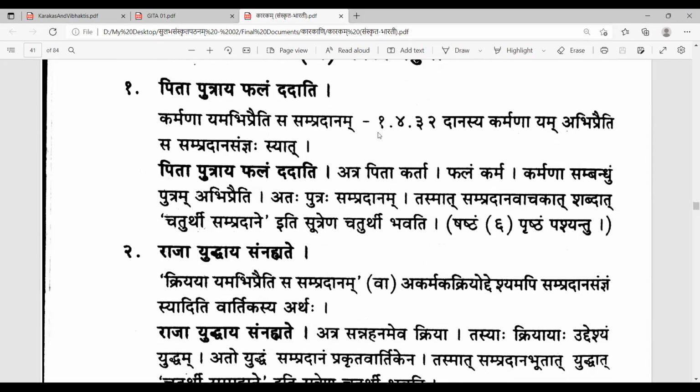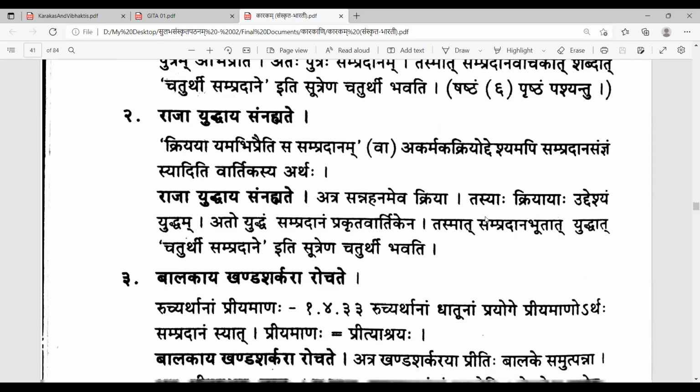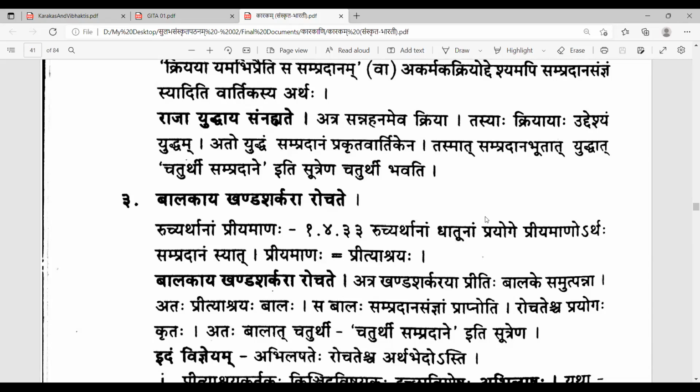Karmana yam abhipraiti sa sampradanam. We saw that: pita putraya phalam dadati. And kriyaya yam abhipraiti sa sampradanam. This also we saw. Akarma kriya uddeshyamapi sampradana sanjnam syaditi varttikasya arthah: rajna yuddhaya sannahyate. Anyway, the same thing is there in the file also.